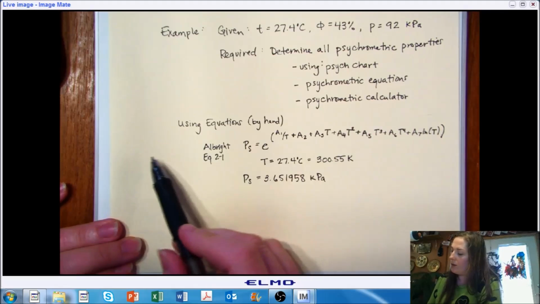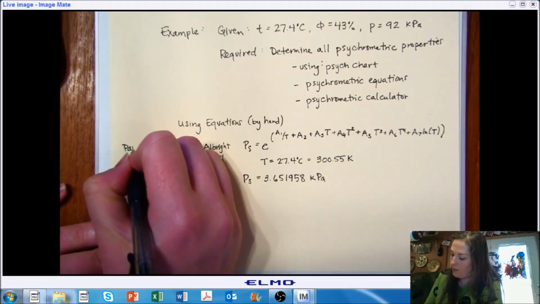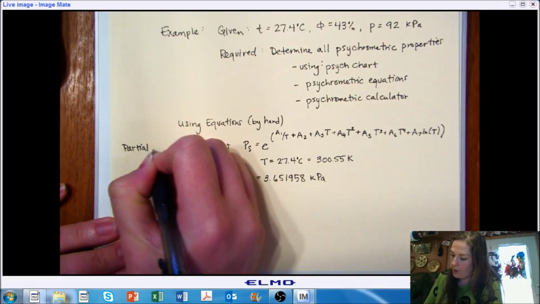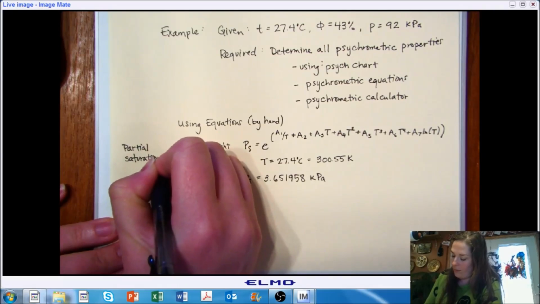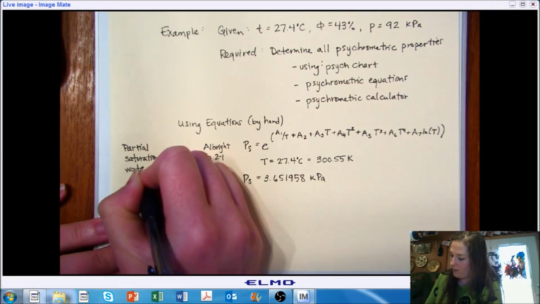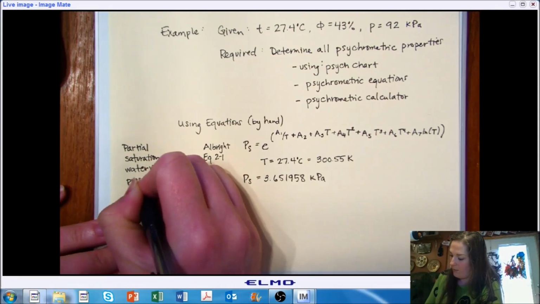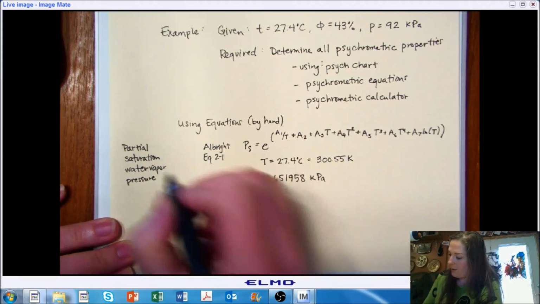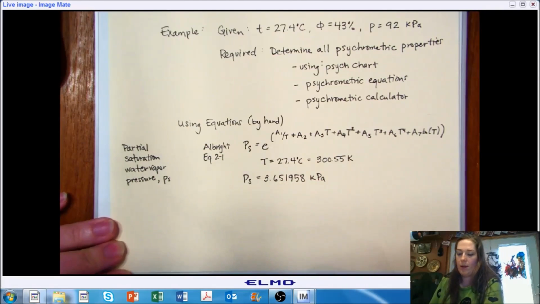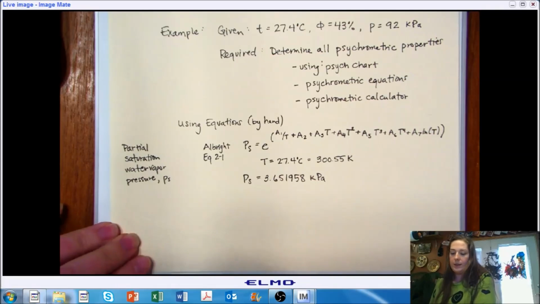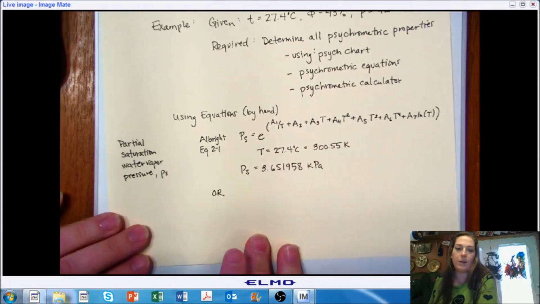I suppose I should go ahead and label this equation as well. So this is our partial saturation water vapor pressure, and earlier we were labeling this little piece of S, and in the Albright equations they put a big piece of S.